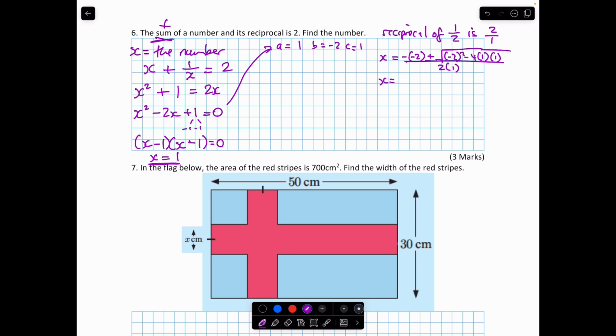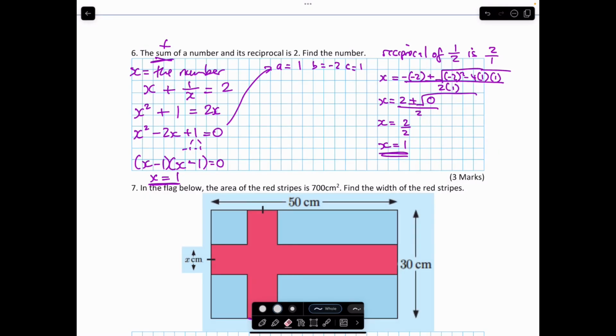X is equal to negative -2 is 2, plus or minus the square root of negative 2 squared is 4, take 4, 0. Over 2, x is equal to 2 over 2, x is equal to 1. Same as before.